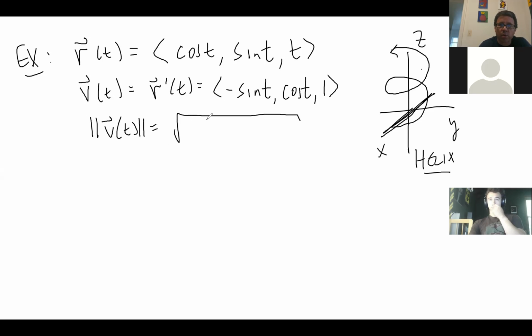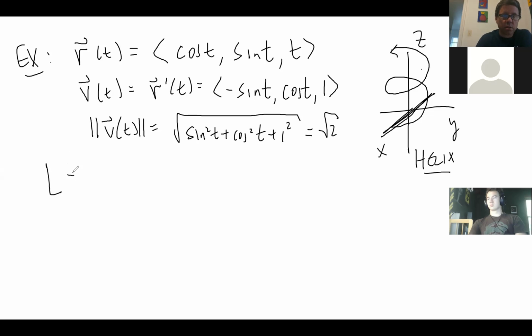Then we get the square root of sine squared, cosine squared, and 1 squared, which turns out to just be 1 plus 1 inside. So that's the square root of 2. So my length formula would be an integral, and then I'd be just integrating the square root of 2 dt.